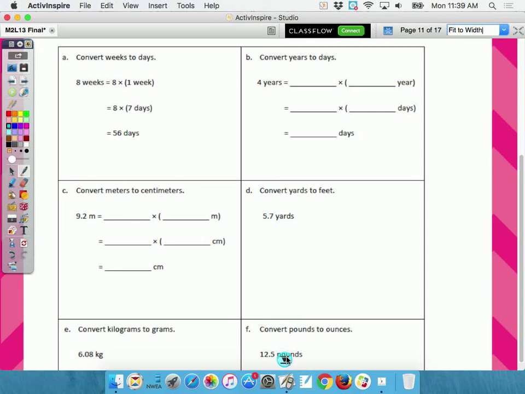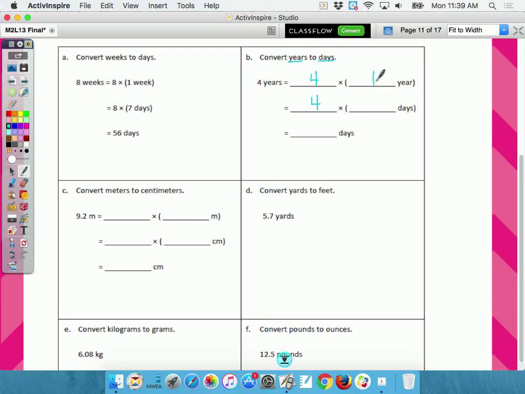Okay, so let's take a look at B. Remember what I wanted you to get in the habit of underlining? Your 2 units of measurement. So years to days is what we're working with on B. Okay, so 1 unit would be how many years? 1 year. 4 copies of 1 year.